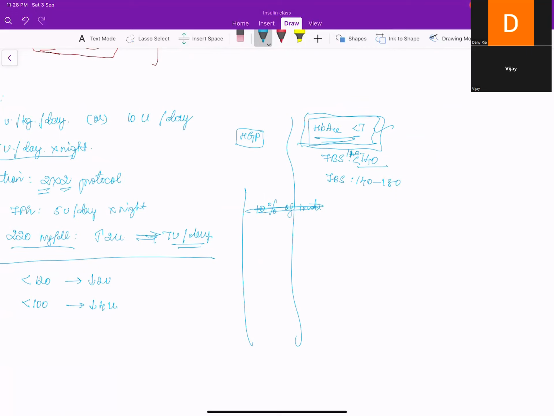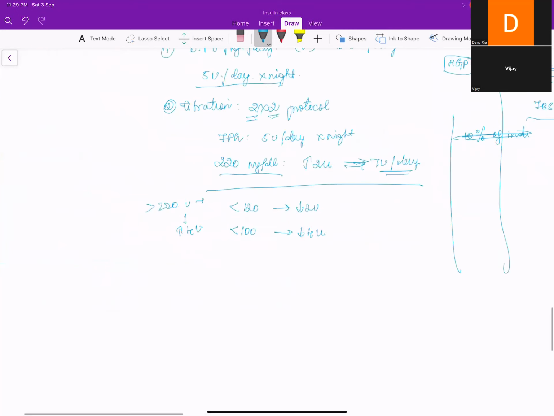So in that case, if 70 to 110 is the sugar, you have to reduce by 2 units. If the sugar is less than 70, you have to reduce by 4 units. In the higher range, if you see 140 to 180, you have to increase by 2 units. More than 180, you have to increase by 4 units, based on your target which you are asking. Okay.